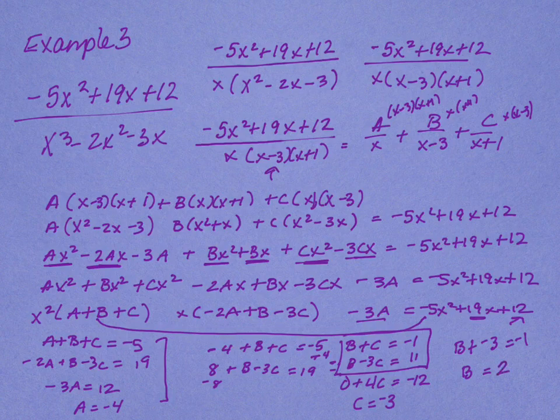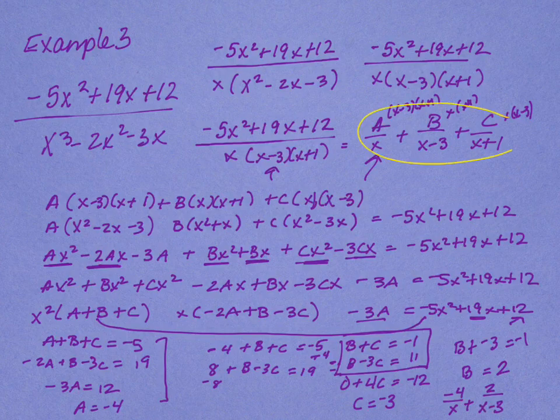So my final answer would be a over x, I'm way back up here, so negative 4 over x, plus b, which is 2 over x minus 3.